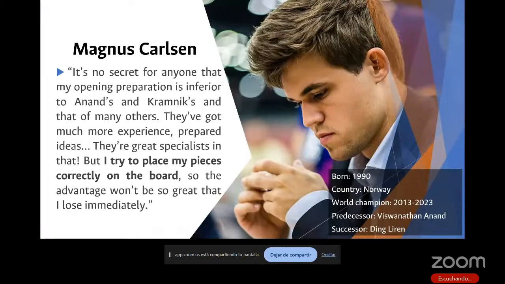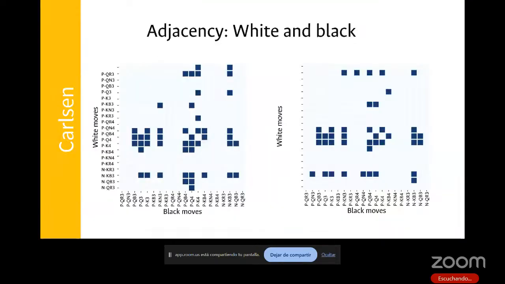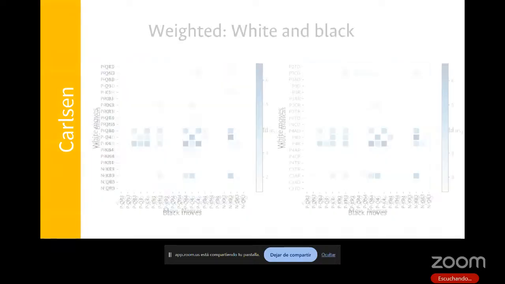Sorry, there is a problem with the computer. Okay, so how does he play? He plays in a very different way. He has about 12 alternatives for the first move when he plays white, and about 11 when he plays black.